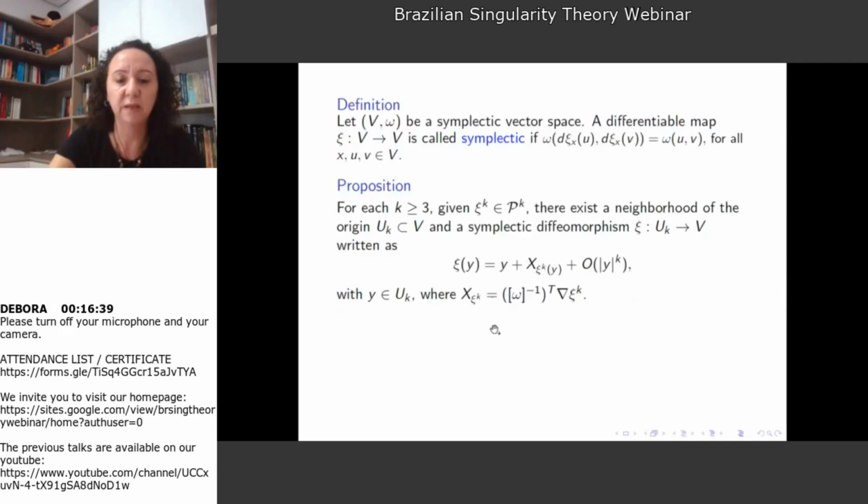That's exactly defined in this way. These are the diffeomorphisms that we need to consider in order to preserve the Hamiltonian condition, the Hamiltonian vector field.